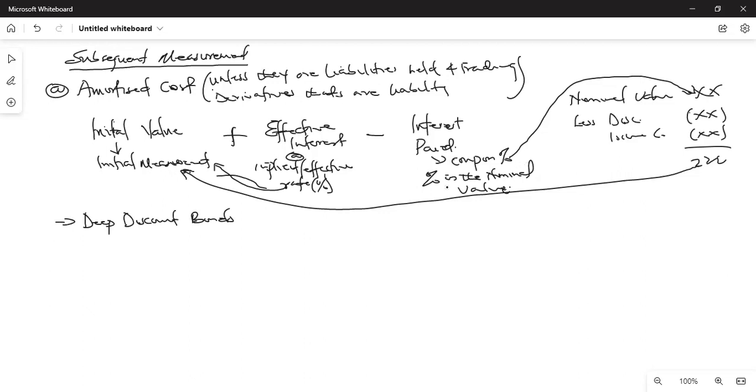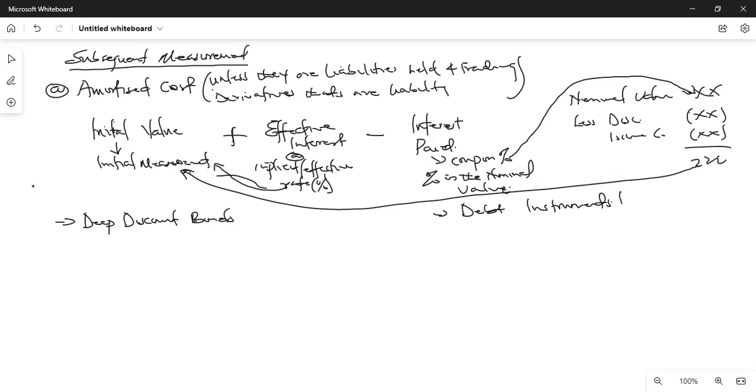Then we also have debt instruments. Remember, all these things are financial liabilities. But just to highlight, what you are supposed to know is that there are some characteristics of a deep discount bond which is under financial liability. Typically, you want to do a deep discount bond, but nobody is willing to because of your credibility.